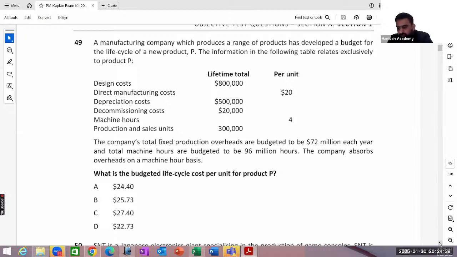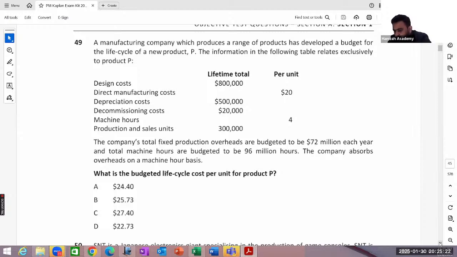Design cost is $800,000. Direct manufacturing cost is $20 per unit. Depreciation cost $500,000. Decommissioning cost $20,000. Machine hours cost is $4 per unit. The production and sales units are 300,000. The company's total fixed production overhead is budgeted to be 72 million US dollars for each year, and total machine hours are expected to be 96 million hours. The company absorbs overhead on a machine hour basis.